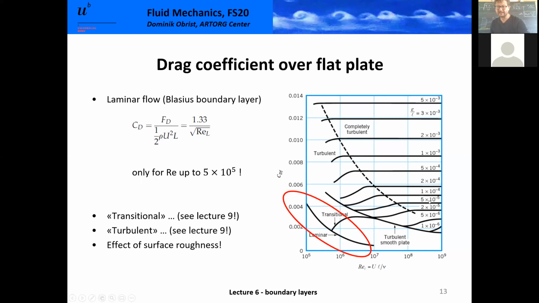And these lines with the different numbers are actually roughness heights. If you have a rough plate with asperities, it will create more turbulence, and intuitively the drag coefficient will increase. So this is a very typical diagram for the drag of a plate. But the bottom left curve here is just the lossless boundary layer as we have derived.